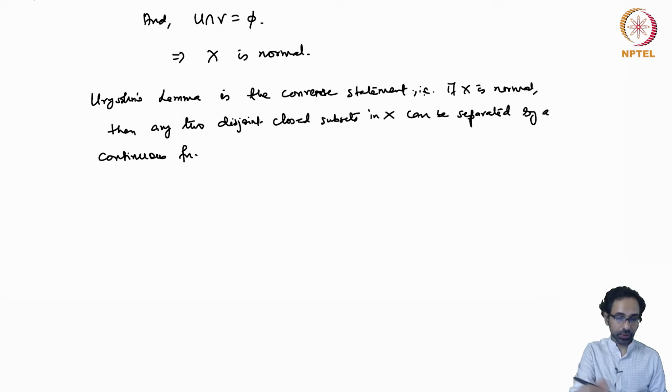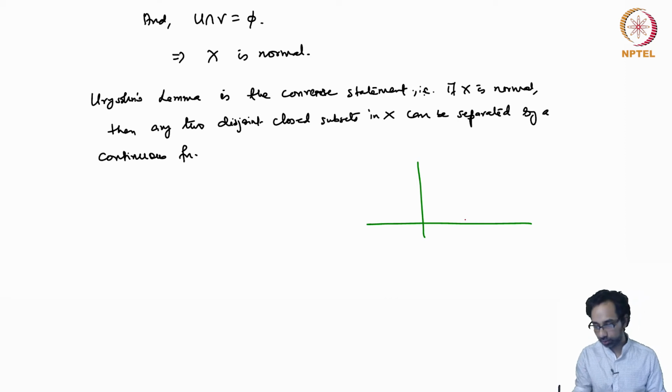Now let's try to visualize this. Let's say we have two closed disjoint sets in R2. Suppose you have one set here, and another set here.